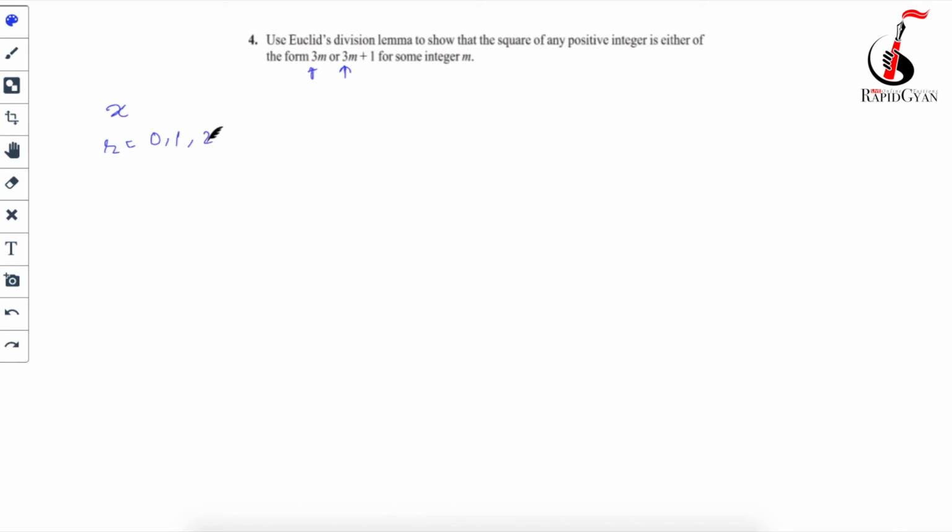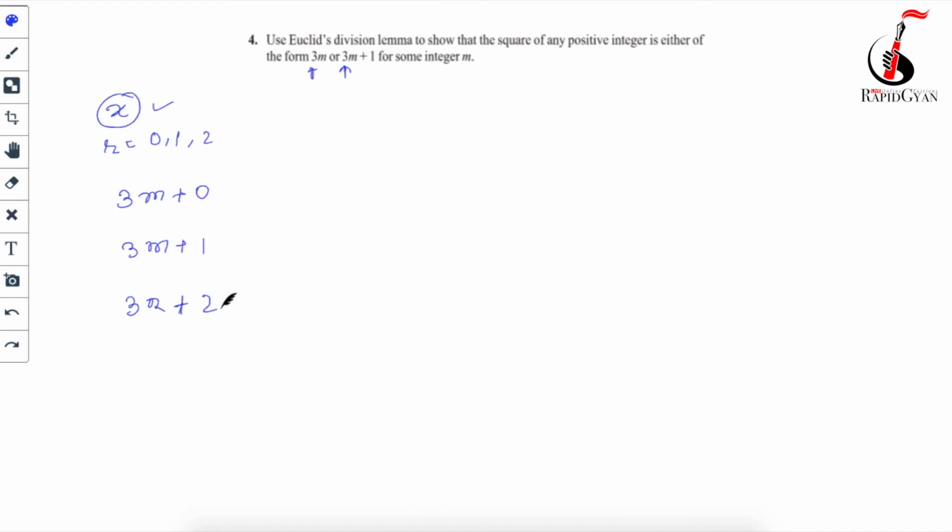I'm not talking about the square right now, I'm just talking about a simple positive integer x. If we divide it by 3, I will get 3m plus 0, or 3m plus 1, or 3m plus 2, correct?